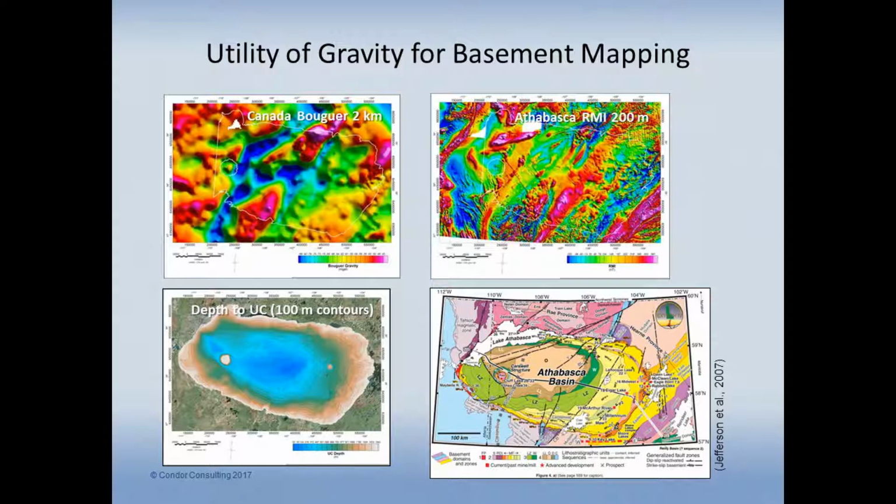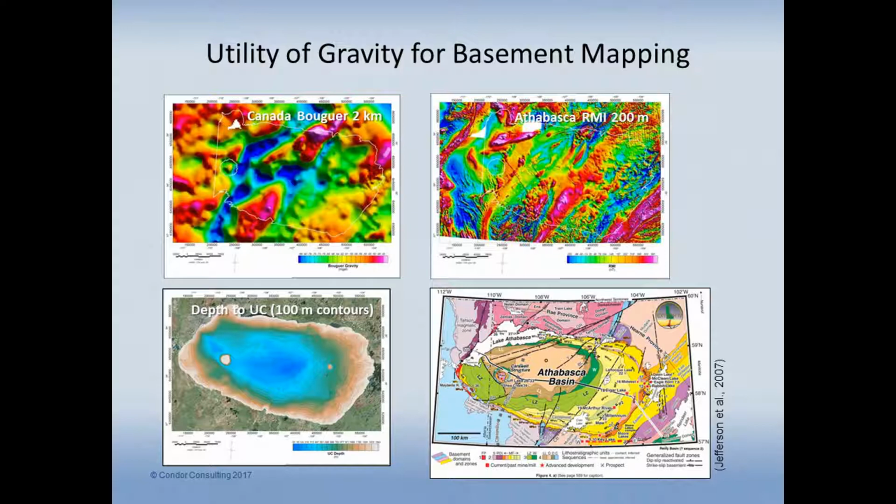So we're looking at excess mass anomalies, and it's relatively simple to treat as a potential field compared to the magnetic data. However, acquisition of it is relatively difficult, and so the resolution of the data is pretty coarse, and it is difficult to use often on a project scale unless you've got a project scale survey.